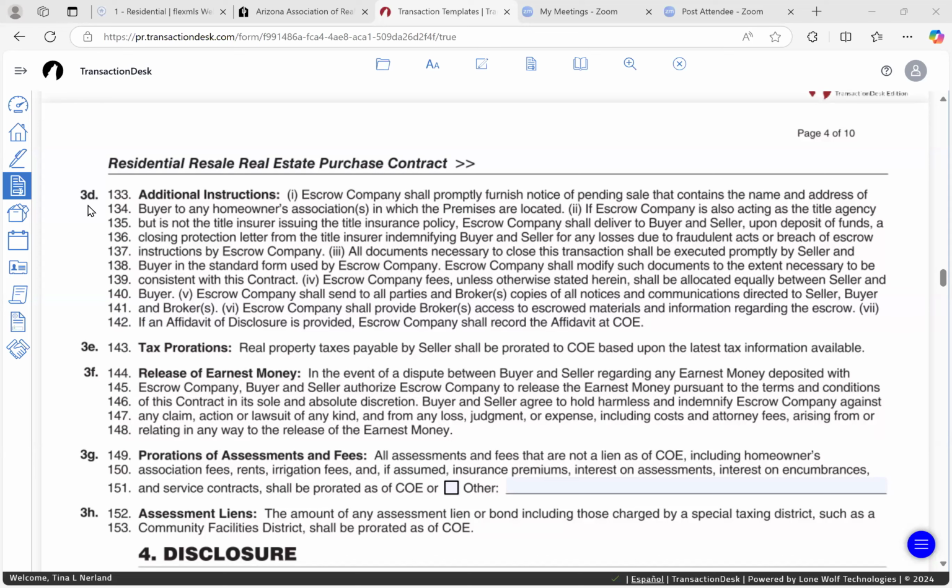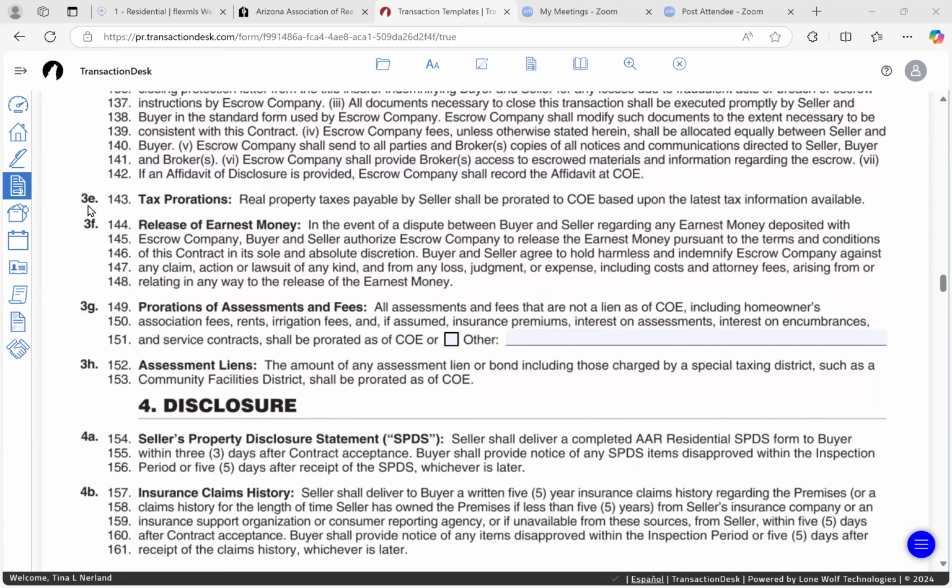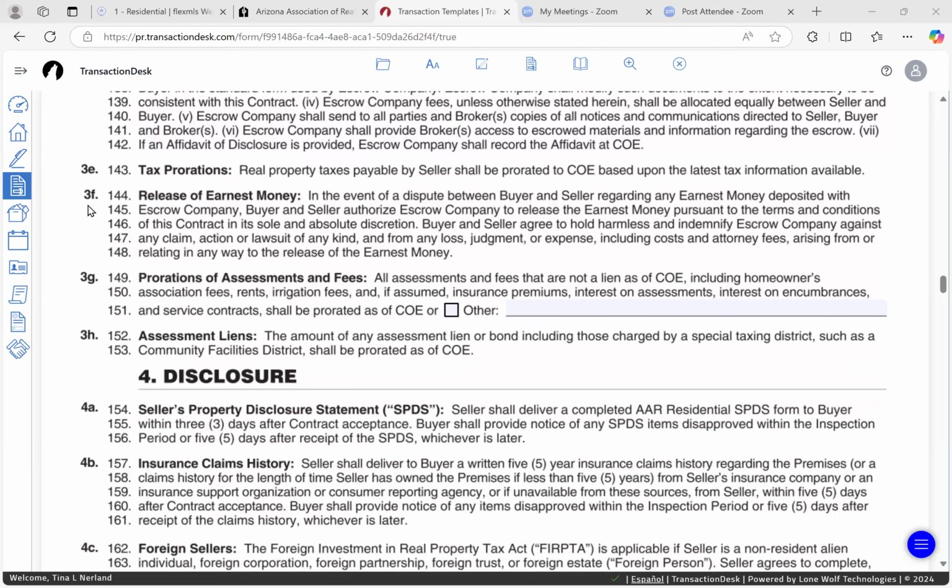Tax prorations. Real property taxes payable by seller shall be prorated at close of escrow based upon the latest tax information available. Release of the earnest money. In the event of a dispute between buyer and seller regarding any earnest money deposited within an escrow company, the buyer and seller authorize the escrow company to release the earnest money pursuant to the terms and conditions of this contract in its sole and absolute discretion.